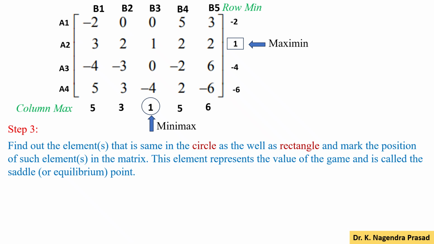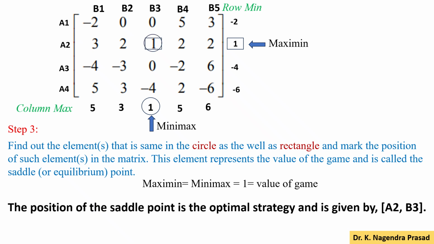Here the Maximin value is 1, enclosed in a rectangle. Similarly, the minimax value is 1, enclosed in a circle. So observe that the minimax value is equal to the maximin value, that is equal to 1. So this we are calling the value of the game, and also the saddle point of the game.